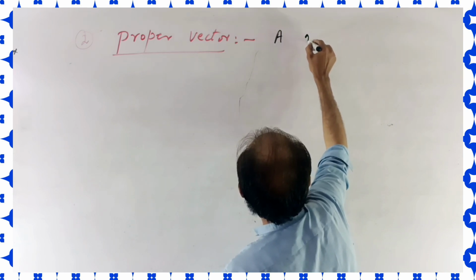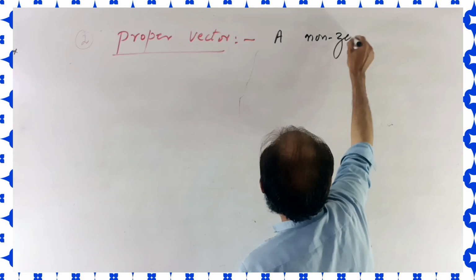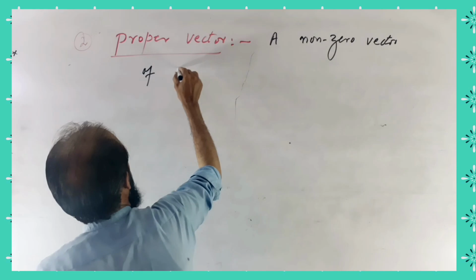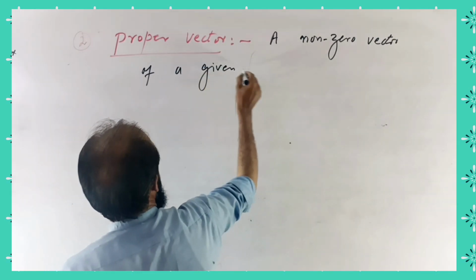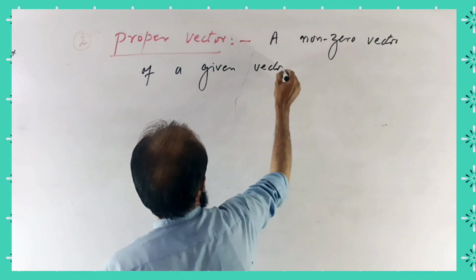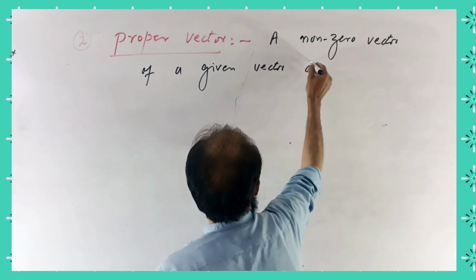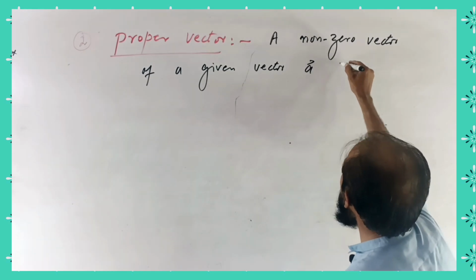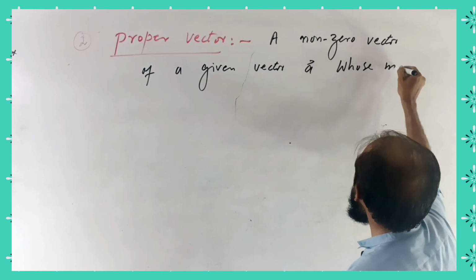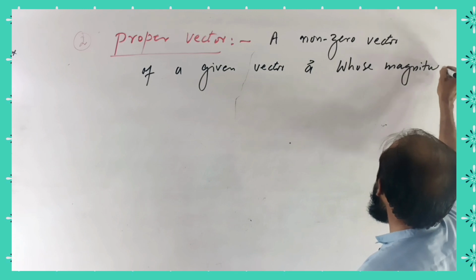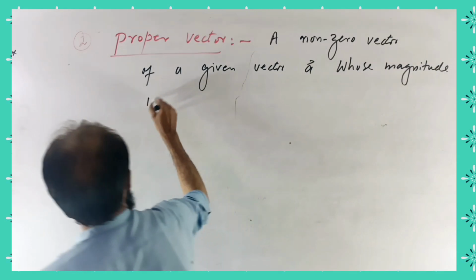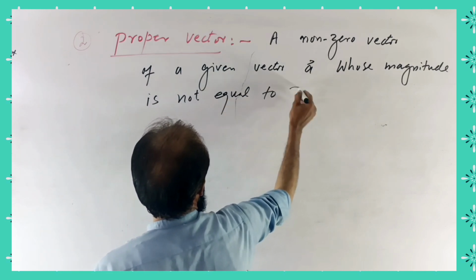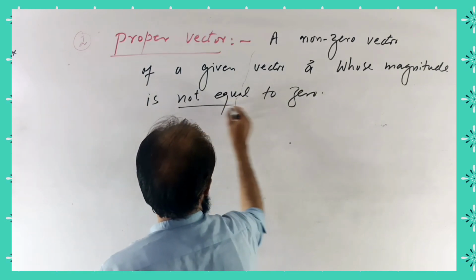A non-zero vector of a given vector A is one whose magnitude is not equal to 0.